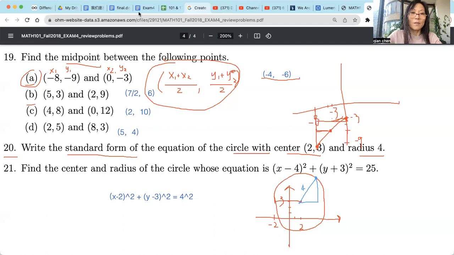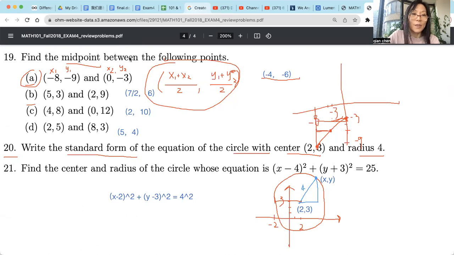So I know the center is 2, 3. Let's write that down. The center is 2, 3. So let's mark this point. This point is x, y, just any point on the circle, right? So how do I form this?